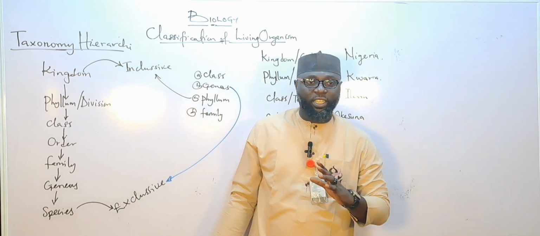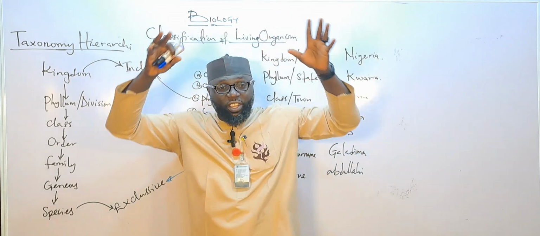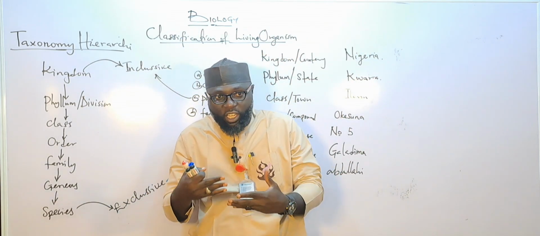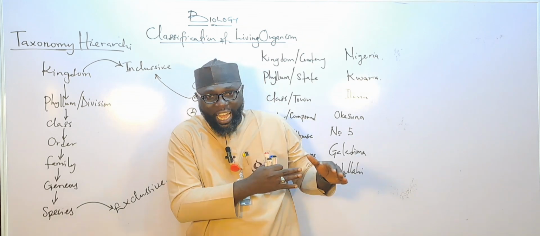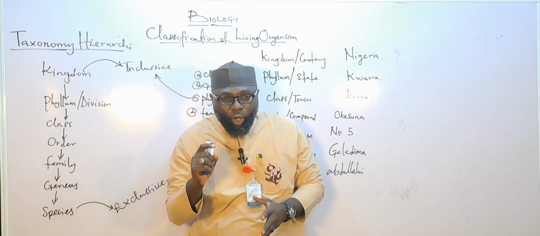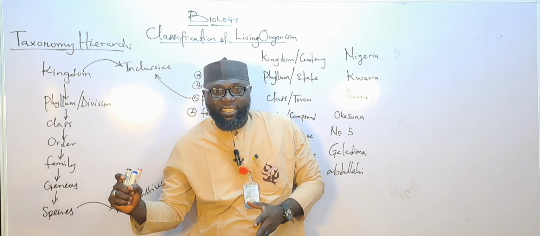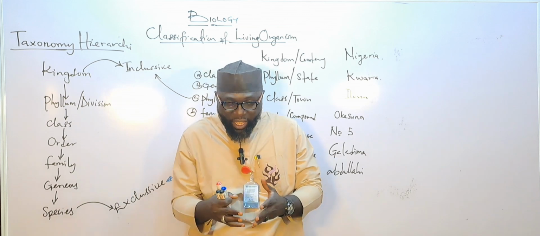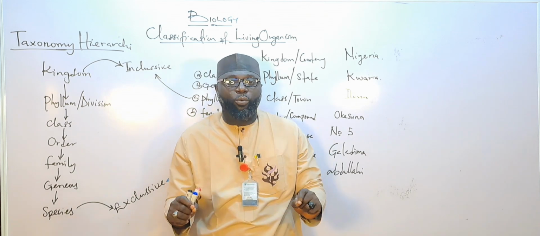Let me summarize everything from the beginning once again. Classification is a process of grouping living organisms into different categories based on the similar characteristics they have, evolutionary trend among them, and genetic makeup.